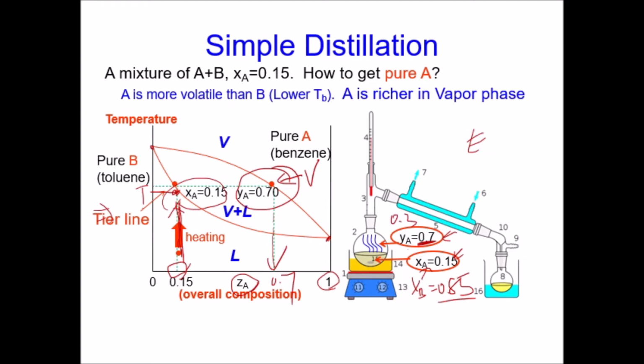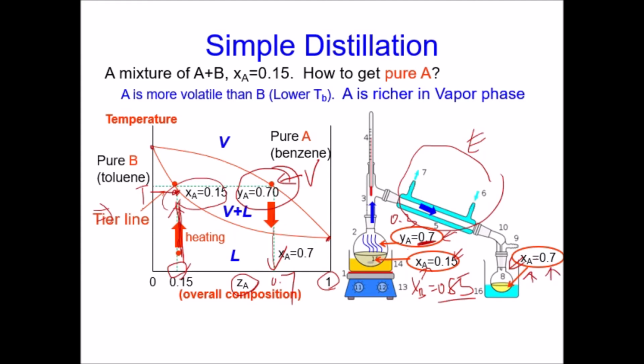Now, in the setup, we also have a cooling system so that all the gas phase condenses into the liquid phase. In this collection flask, the vapor phase becomes liquid, so the mole fraction now becomes XA equals 0.7.